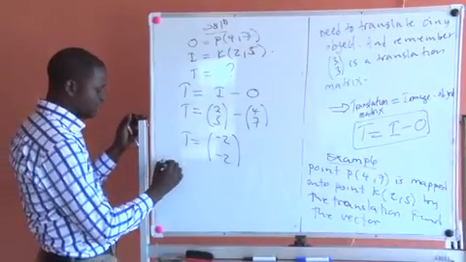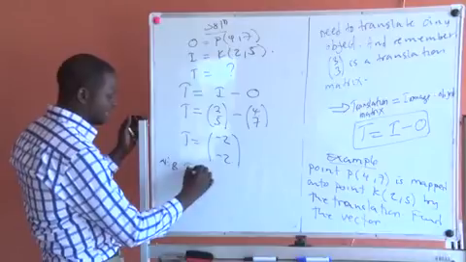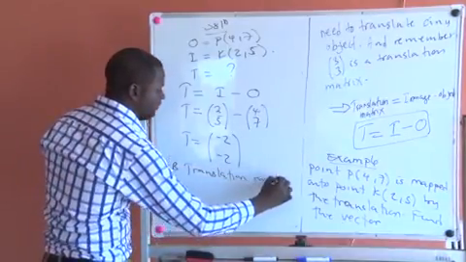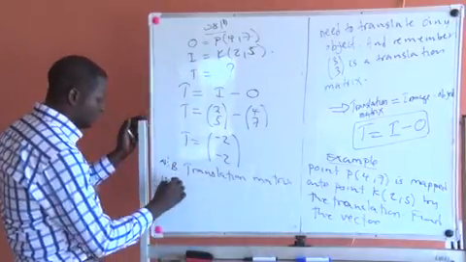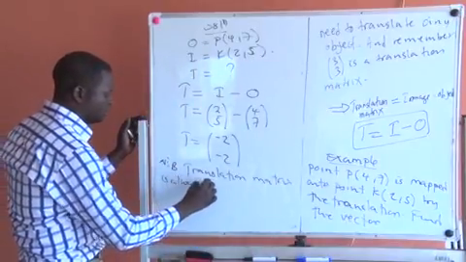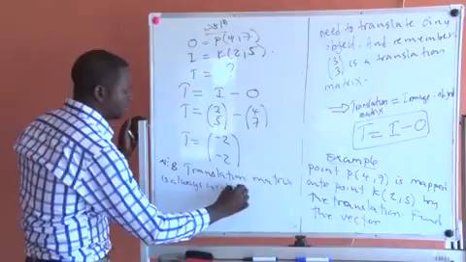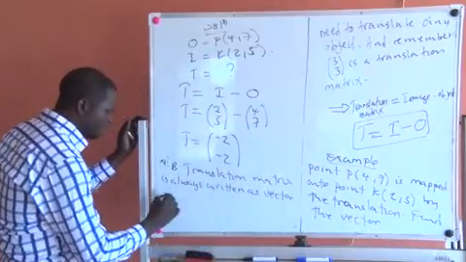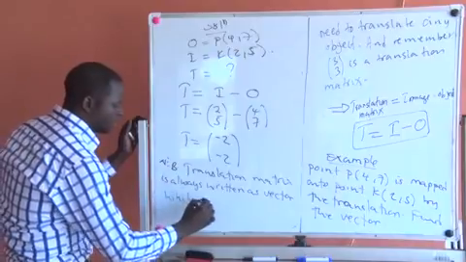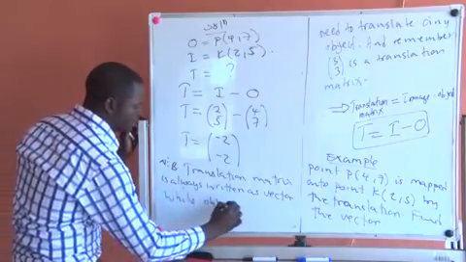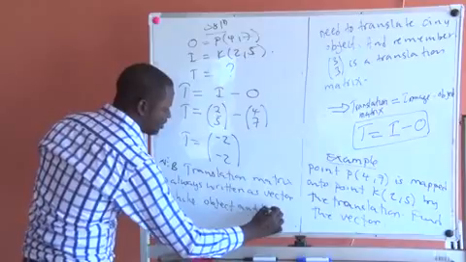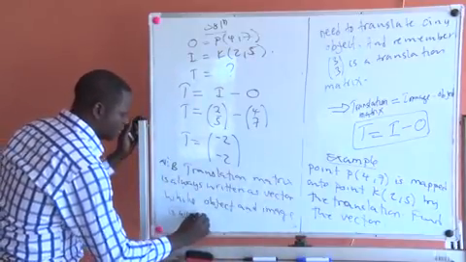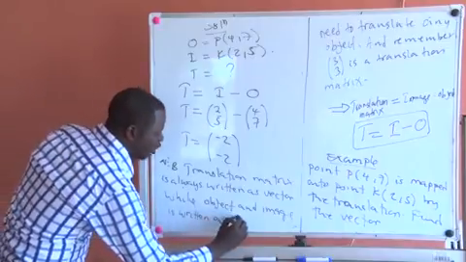Now NB: the translation matrix is always written as a vector, while the object and the image are written as coordinates.